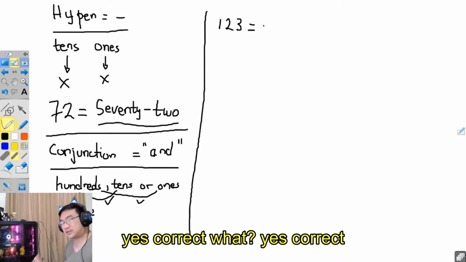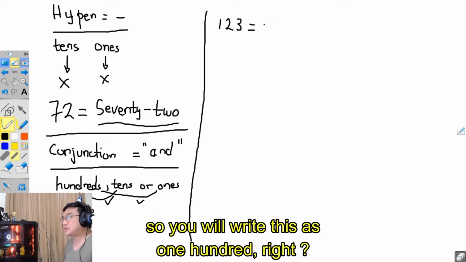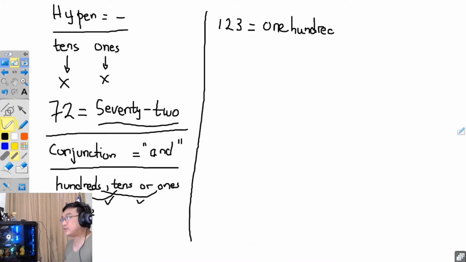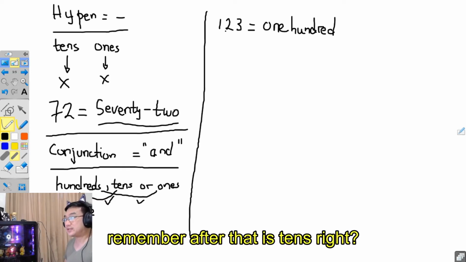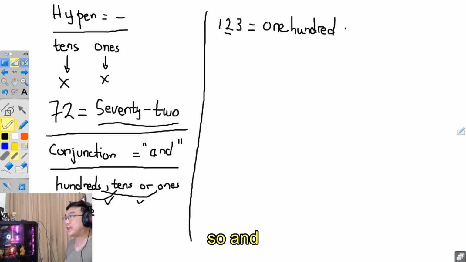So you will write this as 100, right? Remember, after that it's tens, right? So "and" 23.